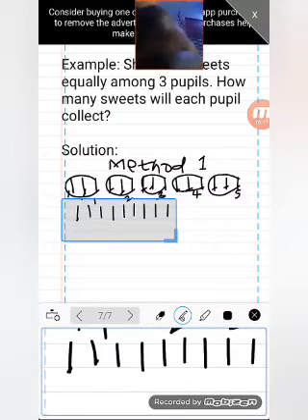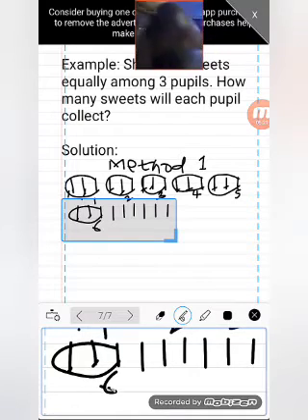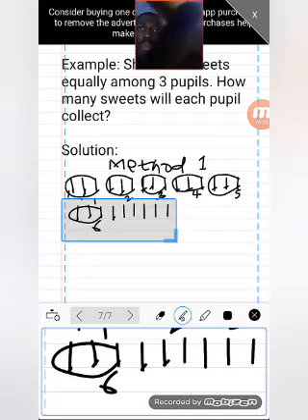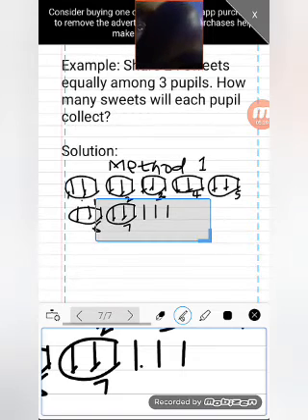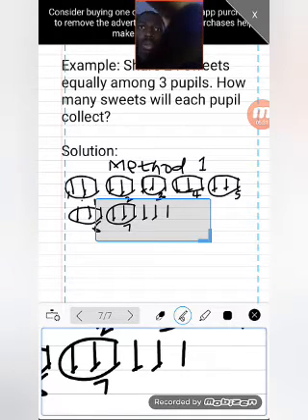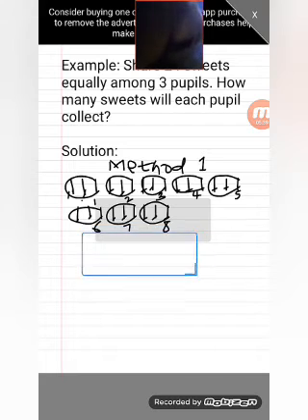1, 2, 3, 6. 1, 2, 3, 7. 1, 2, 3, 8. So just have it in mind that what we have just done is this.